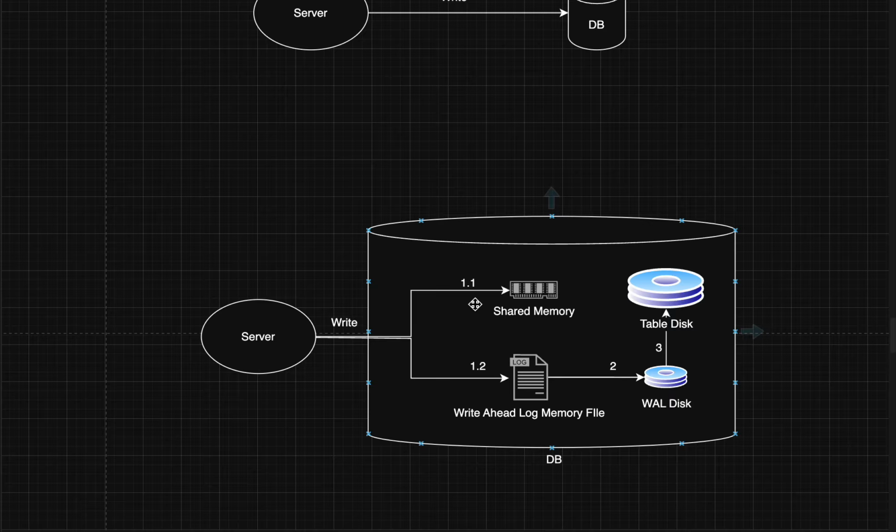It doesn't write on the disk. So how can we say that it is following the ACID property? Because in ACID, D stands for durability: if we have written data, it will always be there. So how is our data durable?